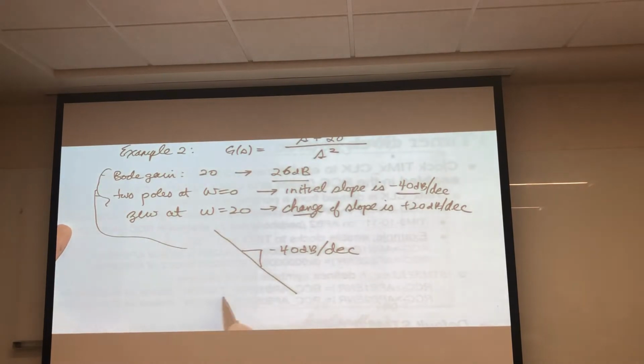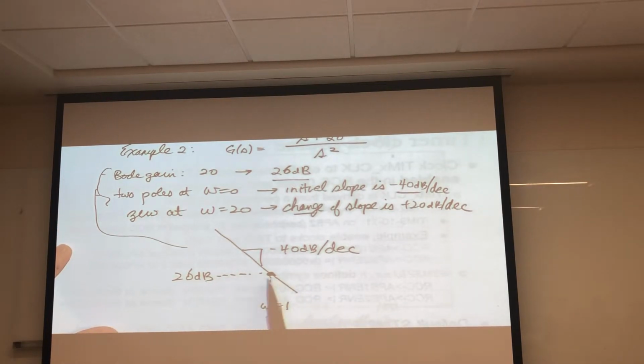I look for, on the horizontal axis, omega equal to 1, and it needs to come in vertically at 26 dB. So this pair, omega equal to 1, 26 dB, I need to find that dot on my paper.